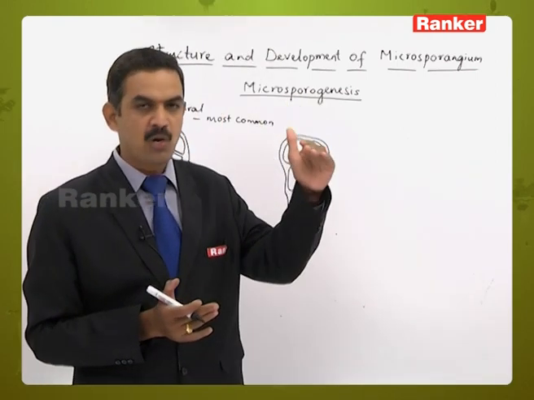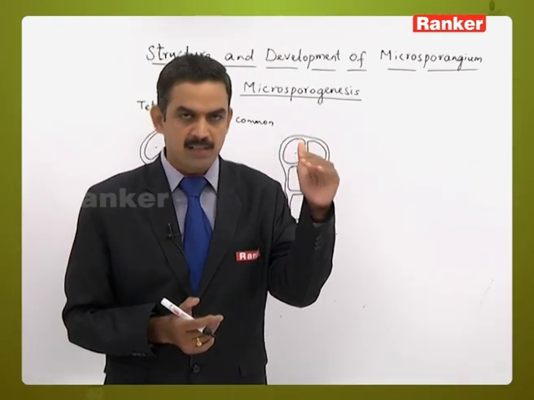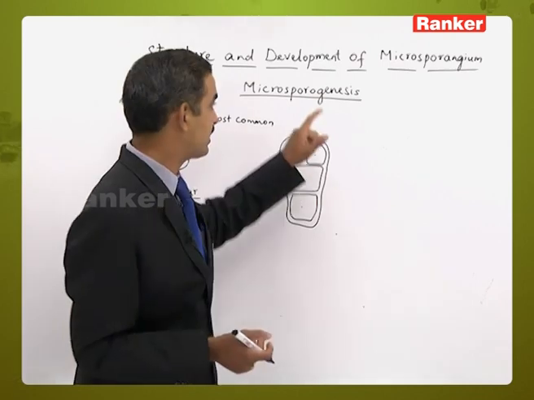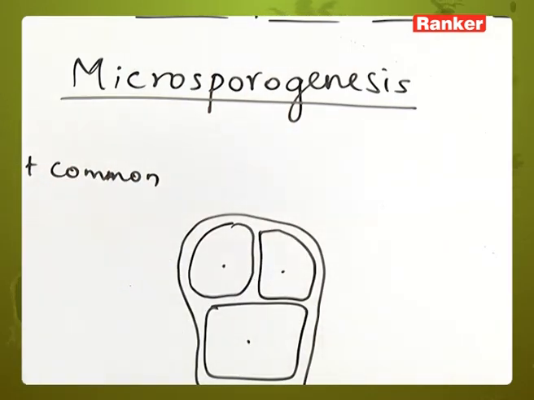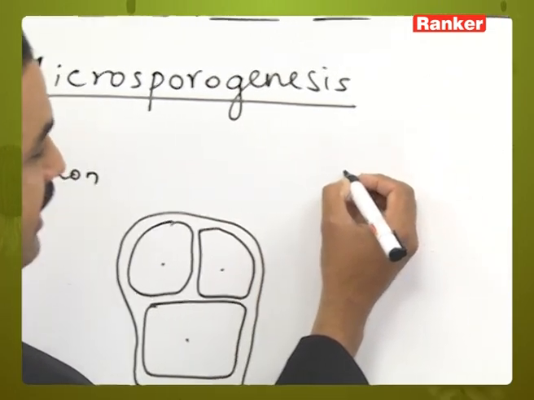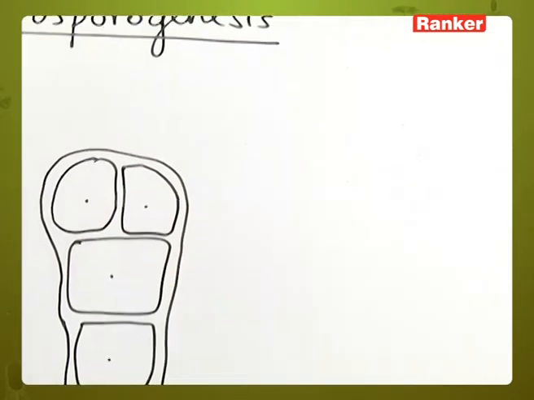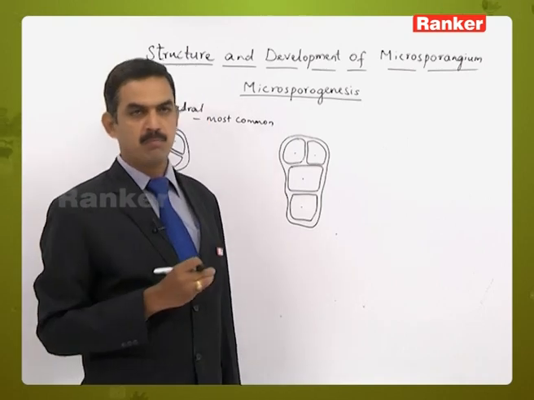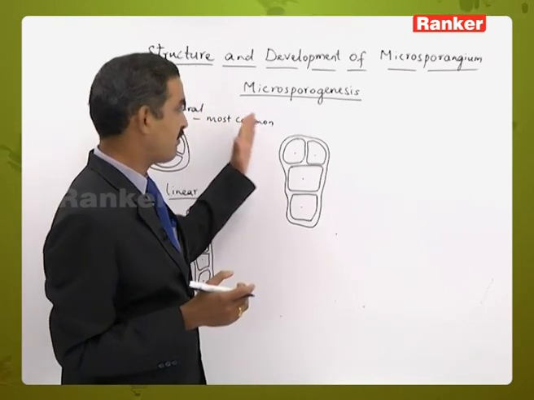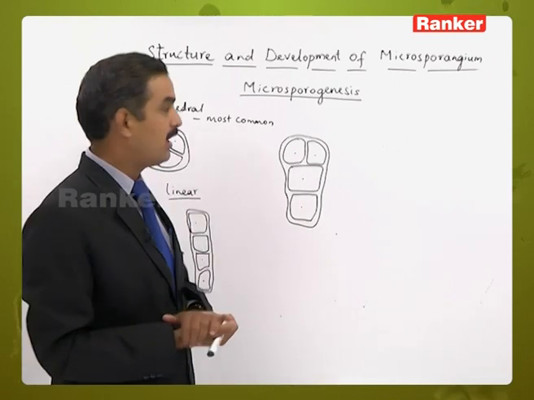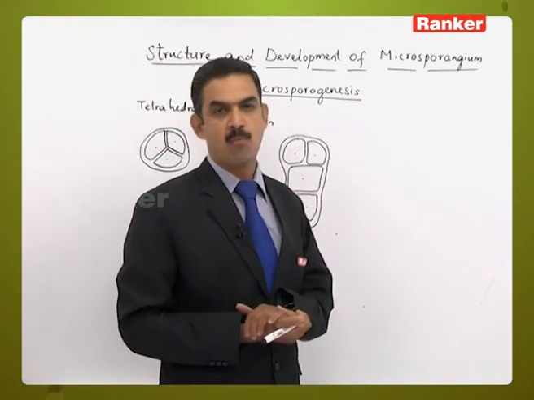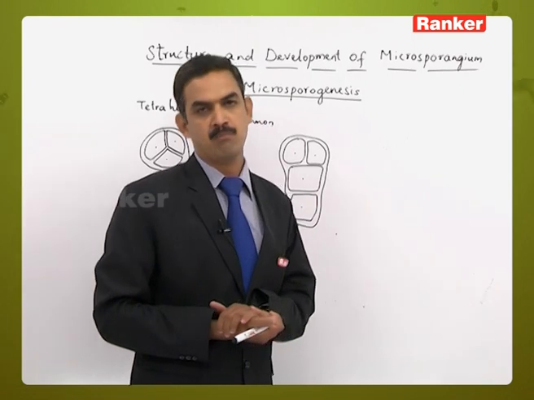So, this entire process from microspore mother cell to the formation of microspores is called microsporogenesis. And generally the number of spores which are formed will be 4, but exceptions are there. But of course, here the most common pattern we are going to discuss is the tetrad form or tetrahedral form, where the 4 microspores are formed from each microspore mother cell.